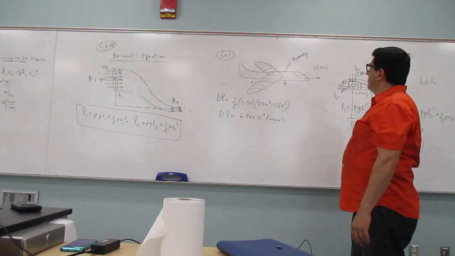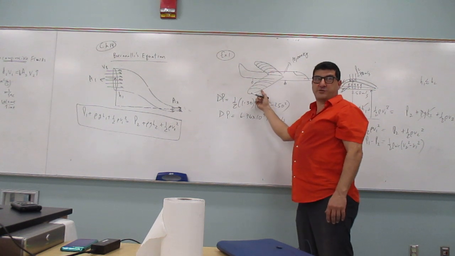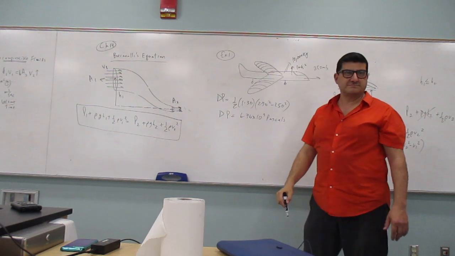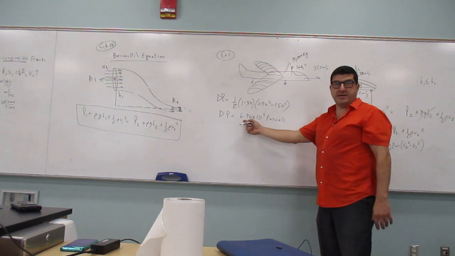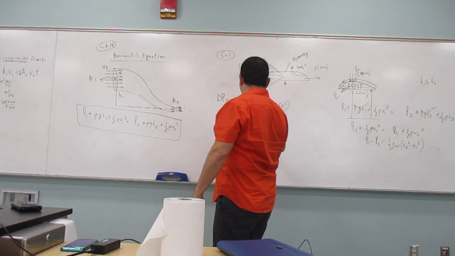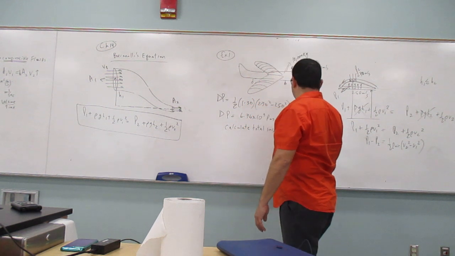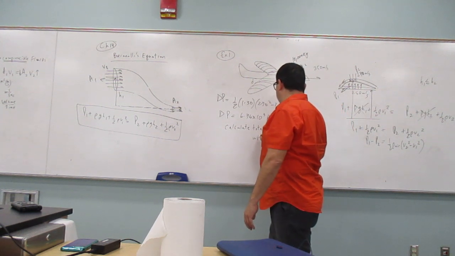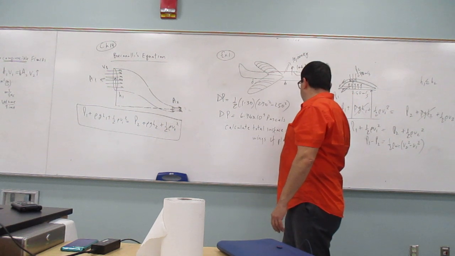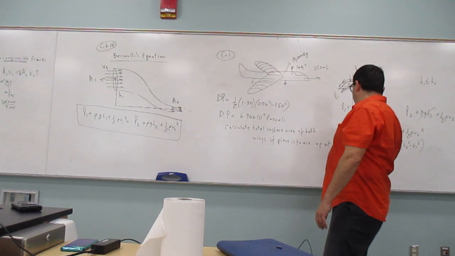So I can say, calculate the total surface area of both wings that the wings have to have so that the plane accelerates up at 1 meter per second squared, given that the delta P is this.